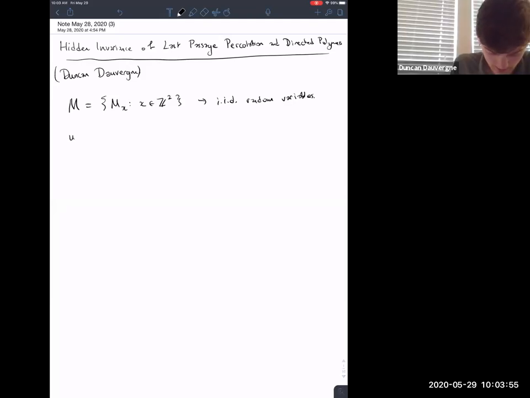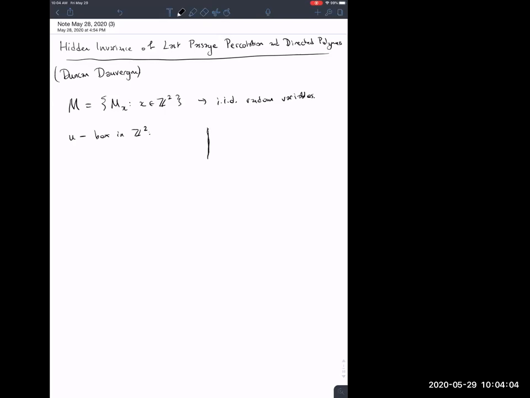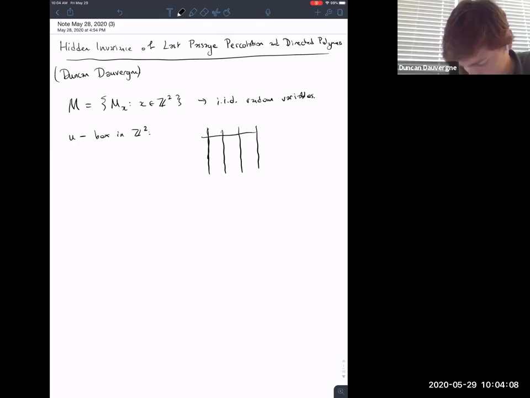And then I'm going to use the notation U for a box in Z2. So the picture is like this. If I draw some portion of Z2, then U is going to be a box.